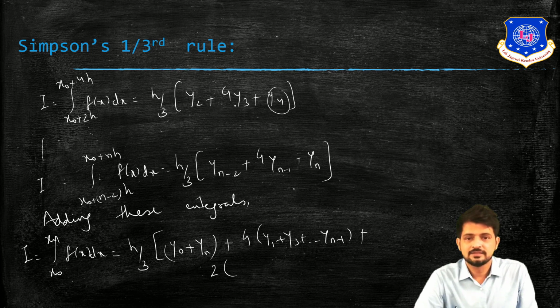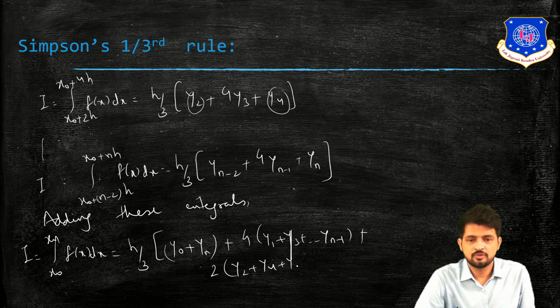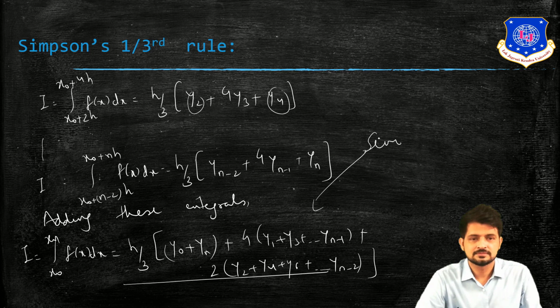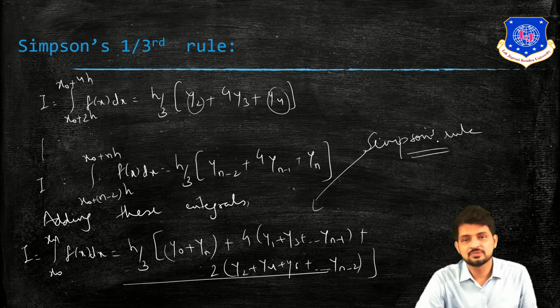Here y2, y4, y6, all these terms will come twice. So we write y2 plus y4 plus y6 up to yn minus 2. This formula is known as Simpson's rule, or also Simpson one-third rule.